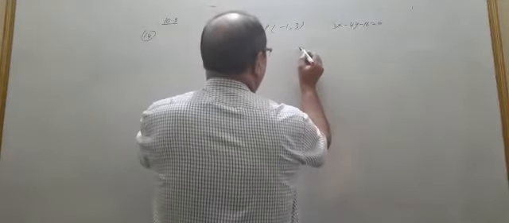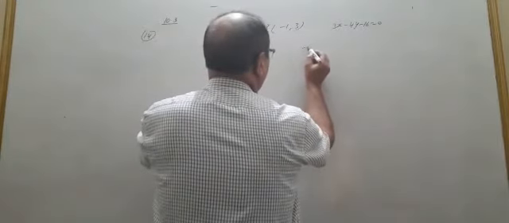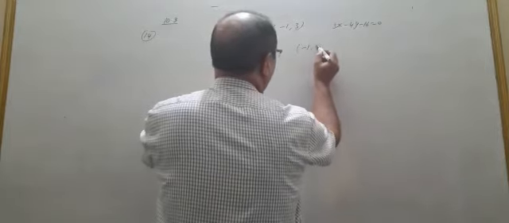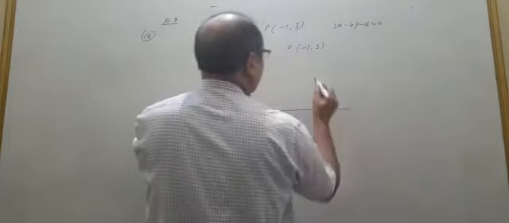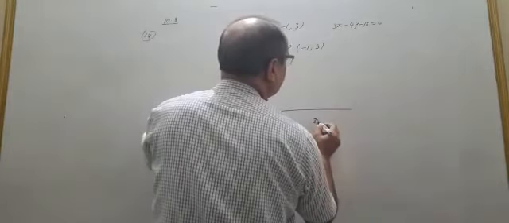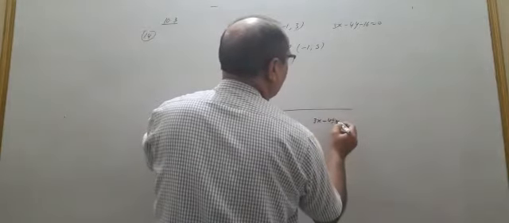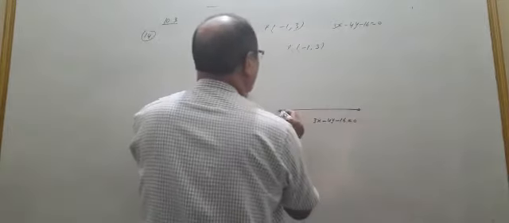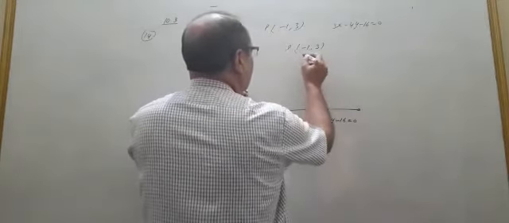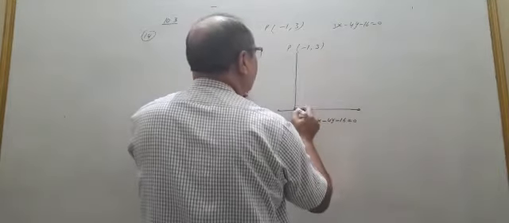तो अब क्वेश्चन क्या है? ये पॉइंट मैंने P ले लिया इधर, that is minus 1 and 3, and this is the line. The line is 3x minus 4y minus 16 is equal to 0. And the problem is you have to find the foot of perpendicular.